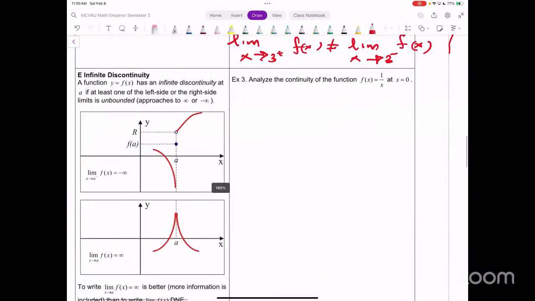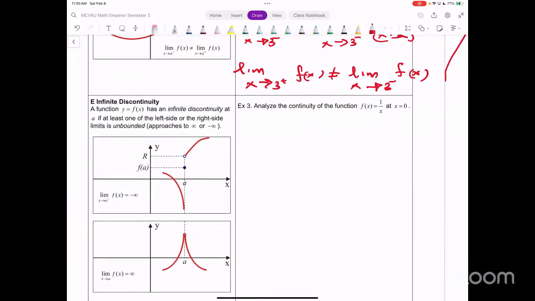Infinite discontinuity. The function f of x has an infinite discontinuity at a if at least one of the left side or the right side limits is unbounded. So you can see here, the left side limit goes to infinity. The right side limit goes to some value r, isn't it? And here, both limits go to infinity. So let's see how to do this.